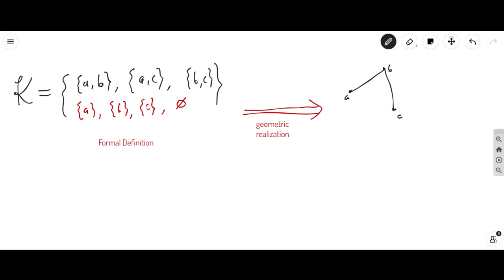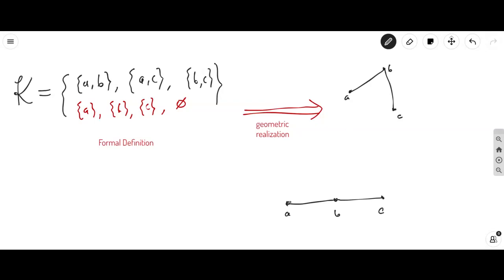So maybe before I go on, when I talk about the geometric realization, it's not as simple as you think it means. Because let's say you put A, B, and C in a straight line, and you go from A to B, you go from B to C, how do you connect A and C?